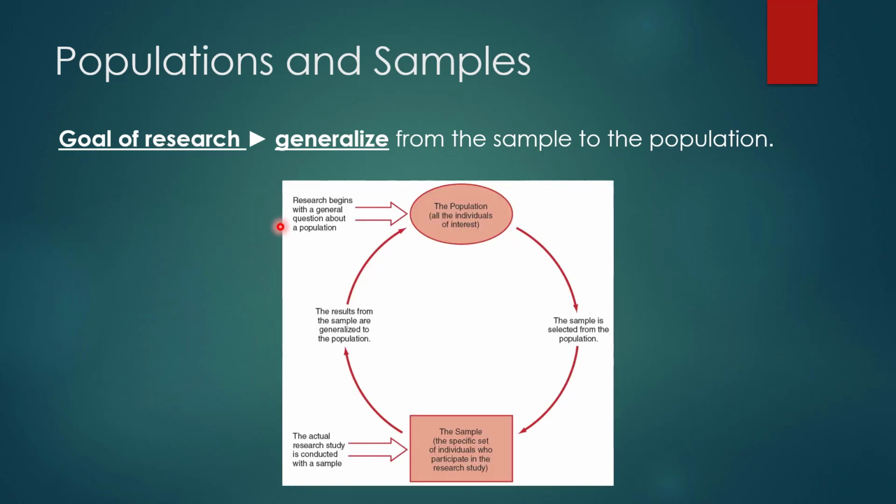Research begins with a general question about the population, and then here's our population of interest. The sample is selected from that population, and it's a specific set of individuals that we hope represent that population. The study is conducted on that sample, and then the results we hope to generalize to that population of interest. The population is a large group of interest, and the sample is a small set of individuals who participates in that study.